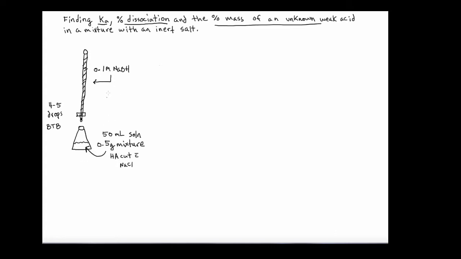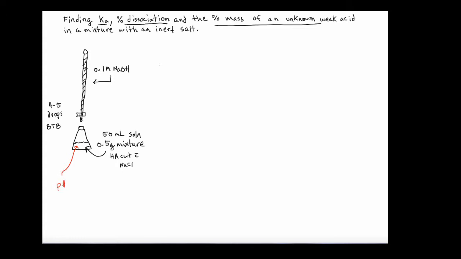Before you even begin doing the titration, more than likely you will either be directed, or if this is an inquiry-based lab, the professor or the teacher is going to expect you to realize that you need the pH of the solution.